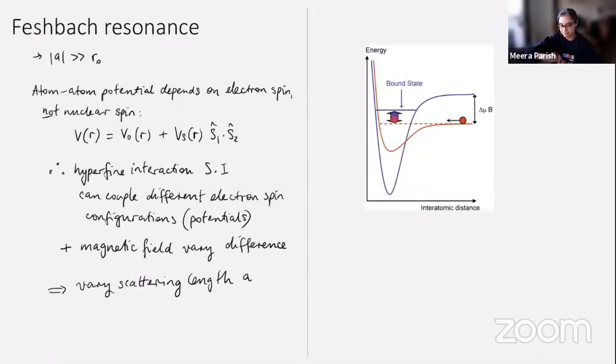You'd think, oh no, that means I can't use the usual picture of a Feshbach resonance using the electron spin. But what people have shown in certain cases is that you can use what's called an orbital Feshbach resonance, where instead of making use of the electron spin, you make use of the orbital of the atom, whether it's S wave, P wave. So that's another way in which people have achieved this.